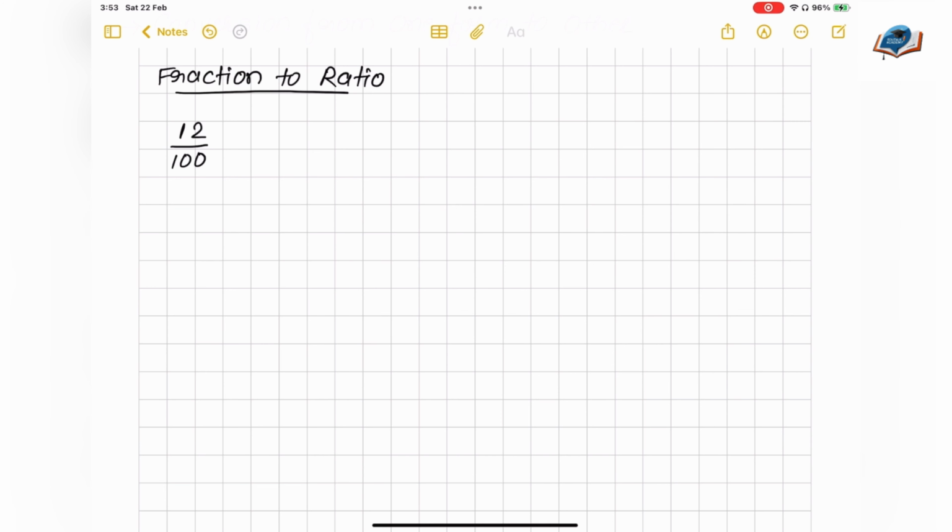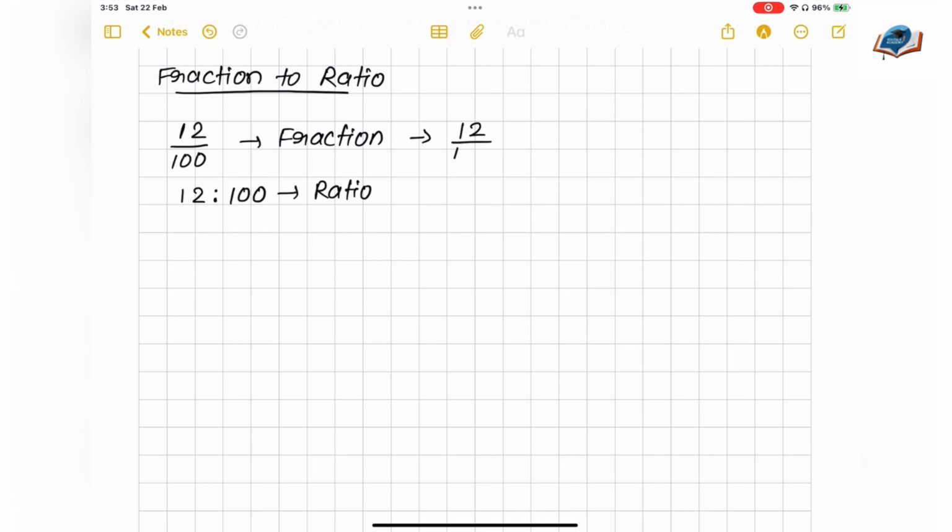So, in fraction, I can say, okay, out of 100 parts, I am taking 12 parts. So, if I want to convert this fraction to ratio, I can directly put 12 is to 100. So, this is ratio. But generally, fraction we bring it to the lowest form.